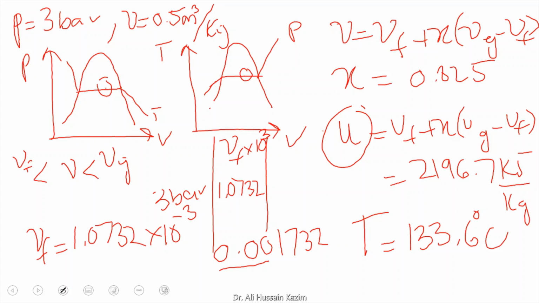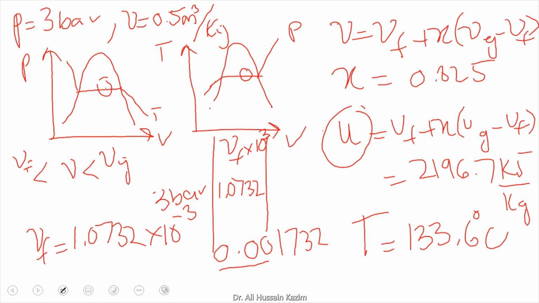So we are given both pressure and temperature, which means that we can use both pressure and temperature tables. So if we use the pressure table, 28 megapascals means 280 bar.